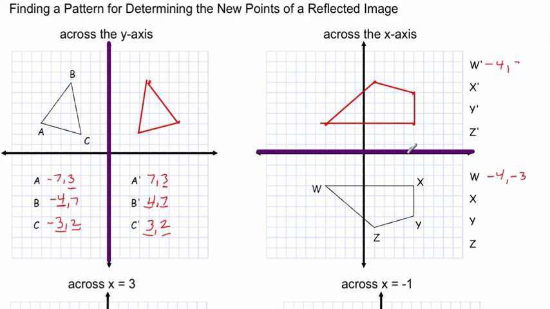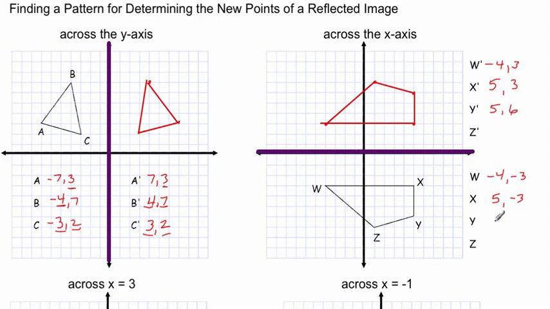Okay, X is 5, -3. And X would be right here, it's 5, +3. Okay, Y is right there, so this is going to be my Y. So that's over 5 and up 6.